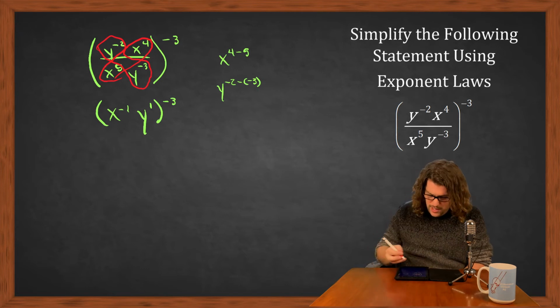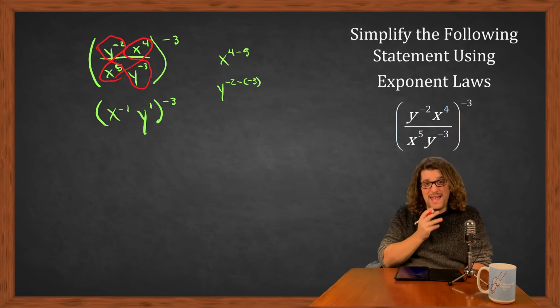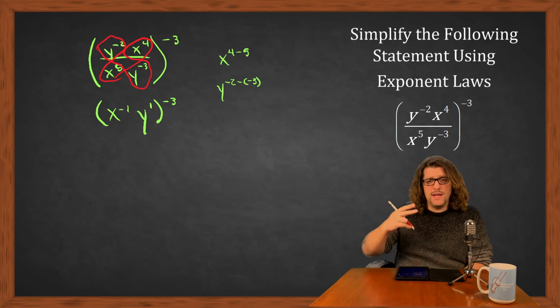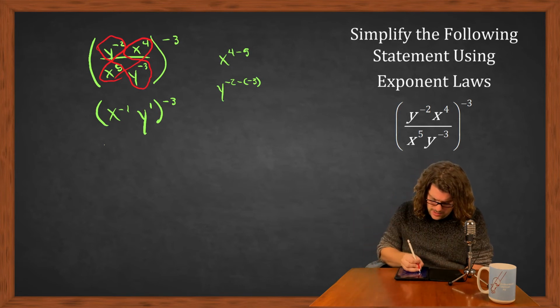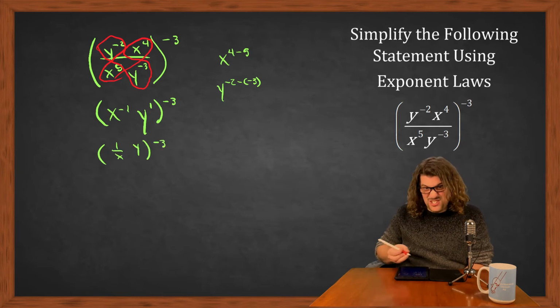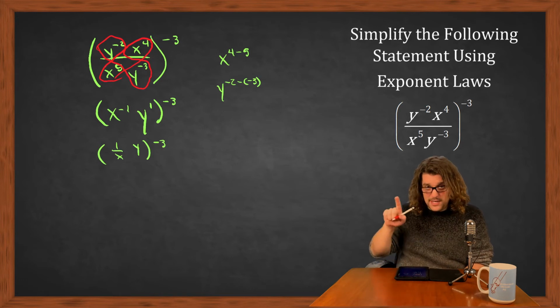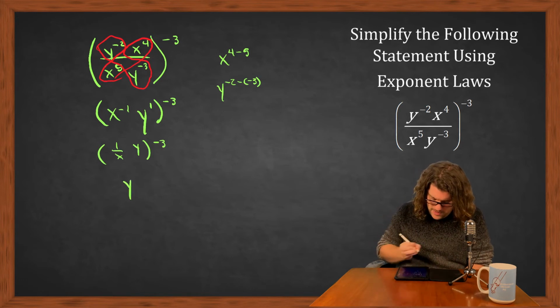Now, before I apply that negative 3, I'm going to write my x differently. The power of negative 1 is the same thing as the reciprocal. So that is going to be 1 over x times just plain old y. And I can combine that even further because 1 times y in the numerator is just a y.